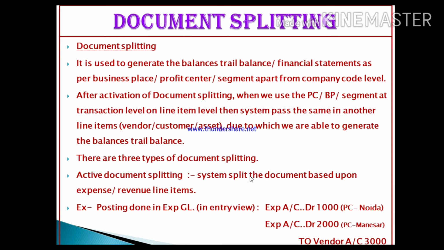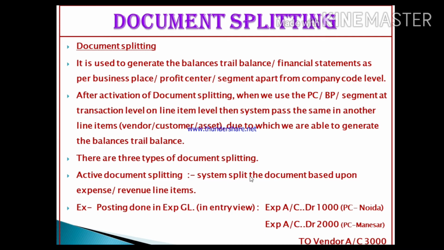Otherwise, when we pass the transaction, we can see the profit center only on the GL line item. We cannot see the profit center on the vendor line item. We cannot see the business place or profit center on your customer line item or on your asset line item.